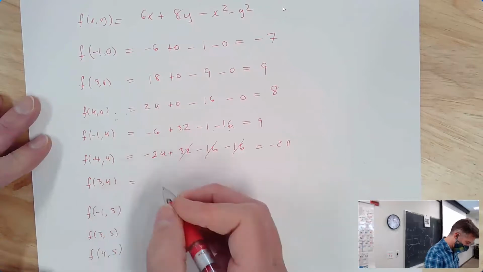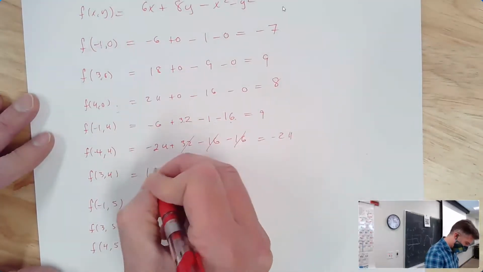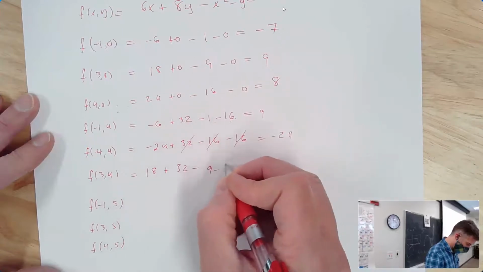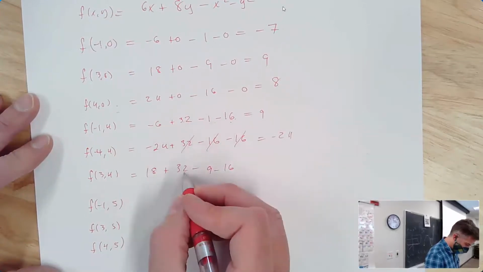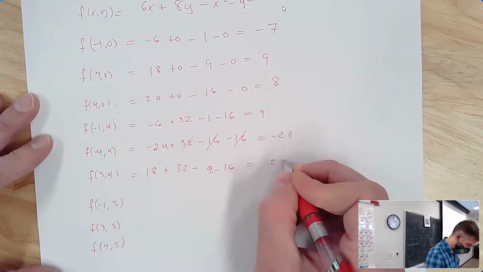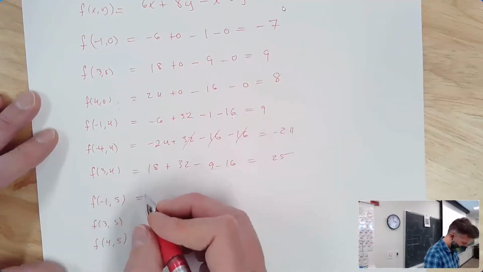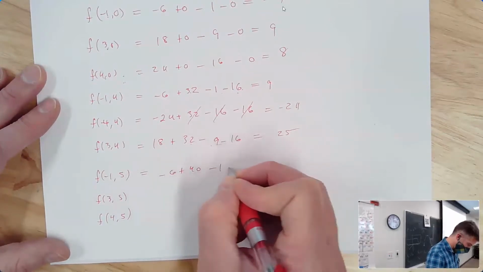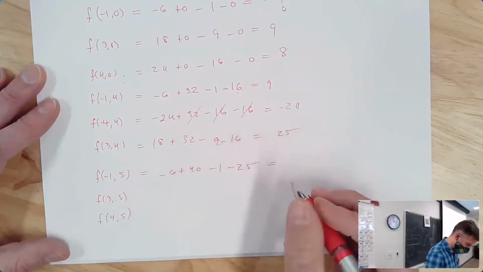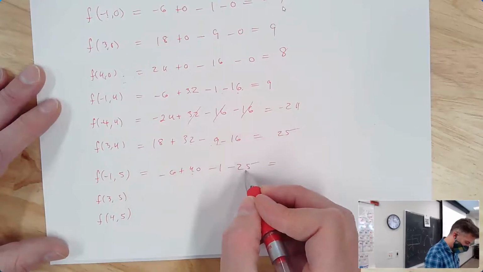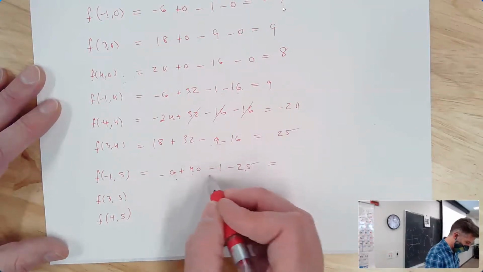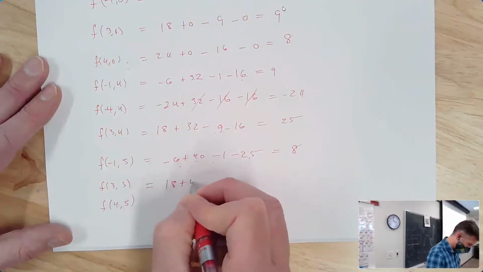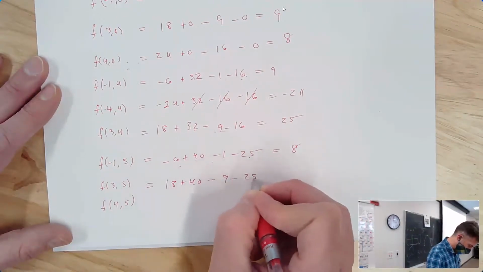Plugging in 3, 4, you're going to get 18 plus 32 minus 9 minus 16. That's going to be 50 minus 25, which is 25. Okay, we're almost there. -6 plus 40 minus 1 minus 25 is going to be 40 minus 25 is 15, minus 6 is 9, minus 1 is 8. 18, 40, minus 9, minus 25.